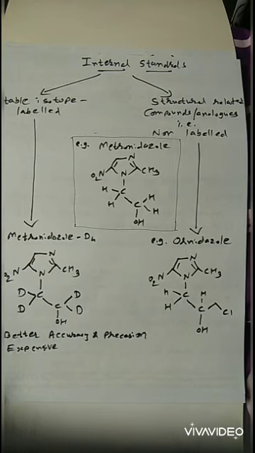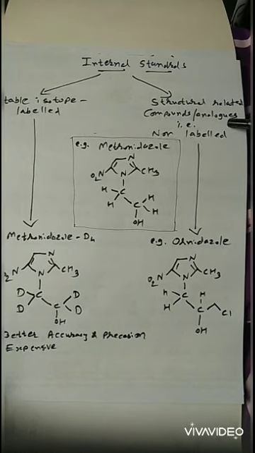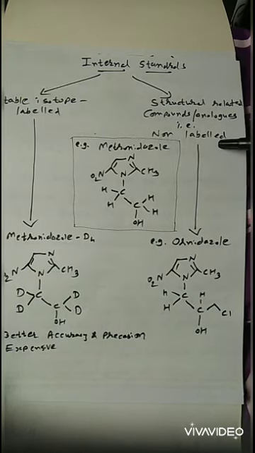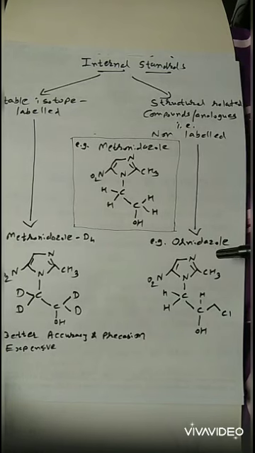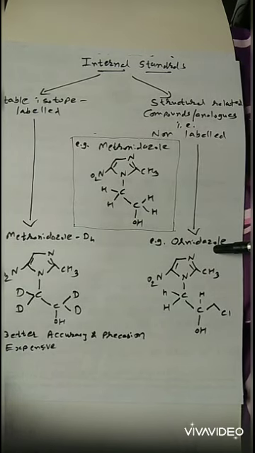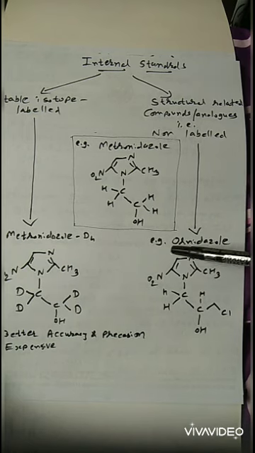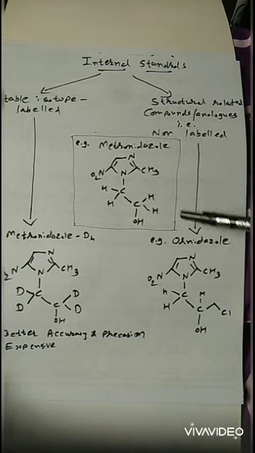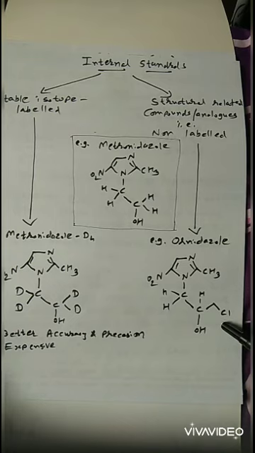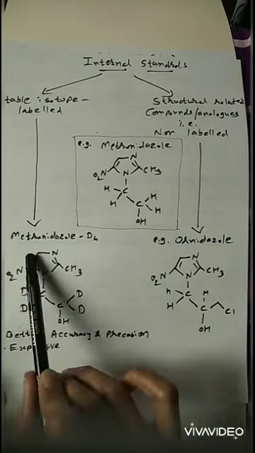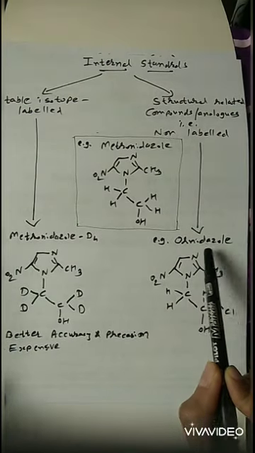Now, if we take the example of a structurally related compound, an analog, that is a non-labeled standard, that means ornidazole. We can also choose ornidazole as the internal standard, because it has a structure similar to metronidazole. The only change is here in this chlorine group. You can see all the structure is similar. So either we can choose metronidazole D4 or ornidazole as the internal standard.